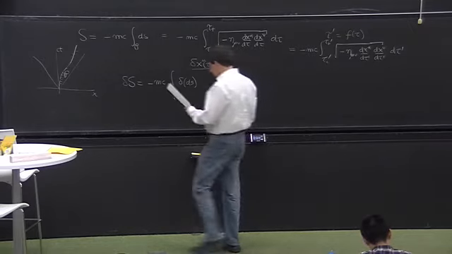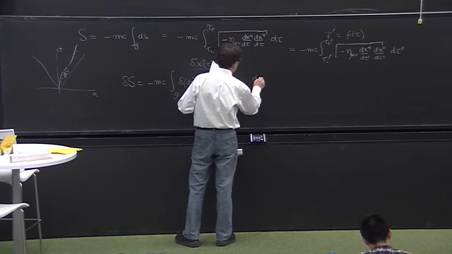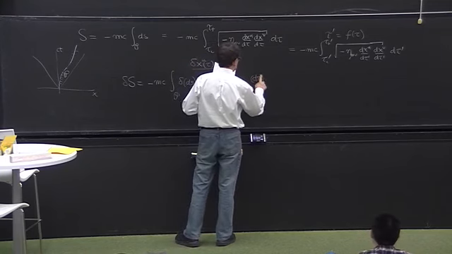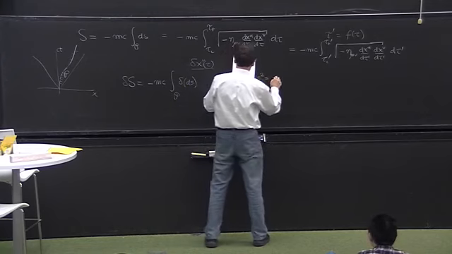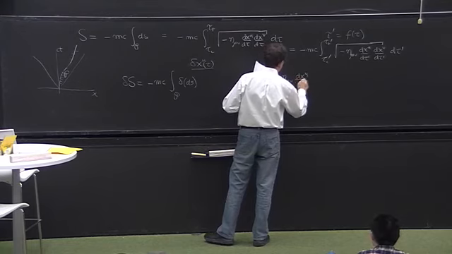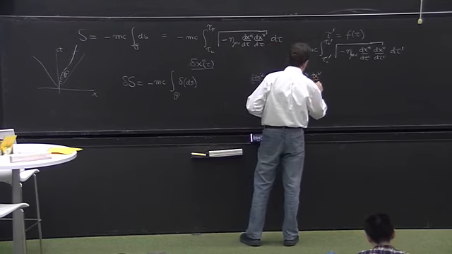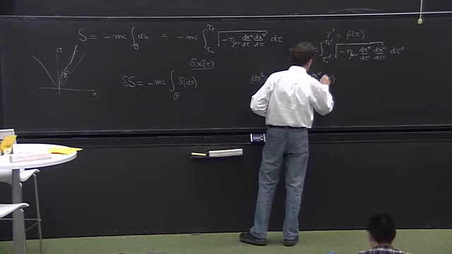Now, the thing you must remember is what we wrote before, that ds squared is minus eta mu nu dx mu d tau dx nu d tau squared.